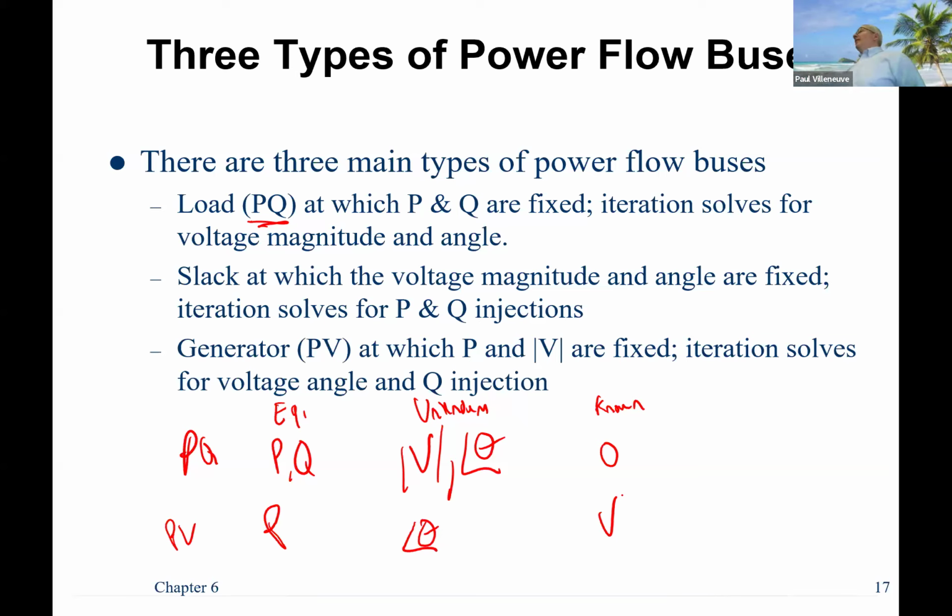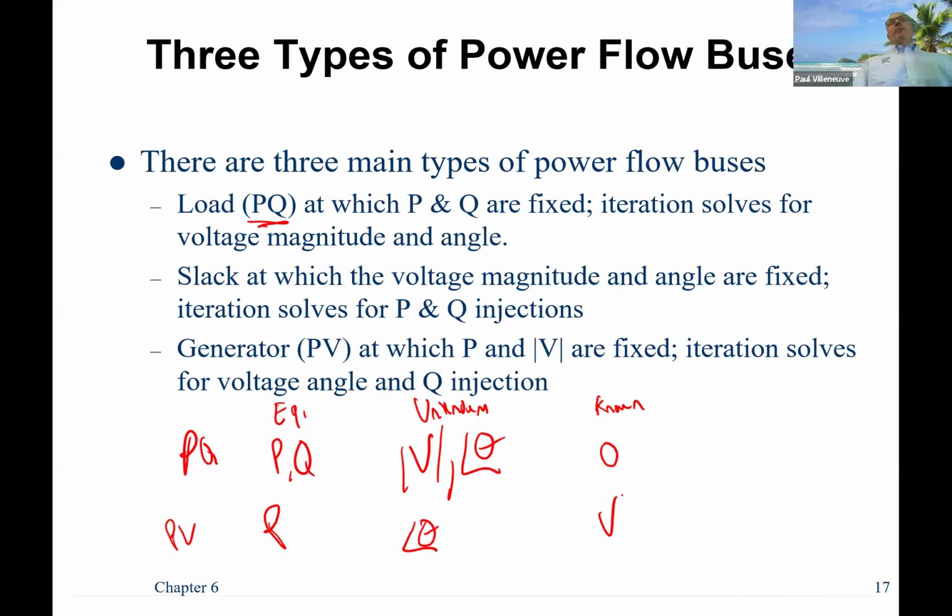Again, that works out perfectly, because for every unknown I have, I have to be able to write one equation to check if my results are correct. By having a PV bus, I specify the power that is injected at the bus, which means I can write a power balance equation there. That's a good thing, because I'm allowed to calculate the angle theta. I don't need to calculate the voltage.